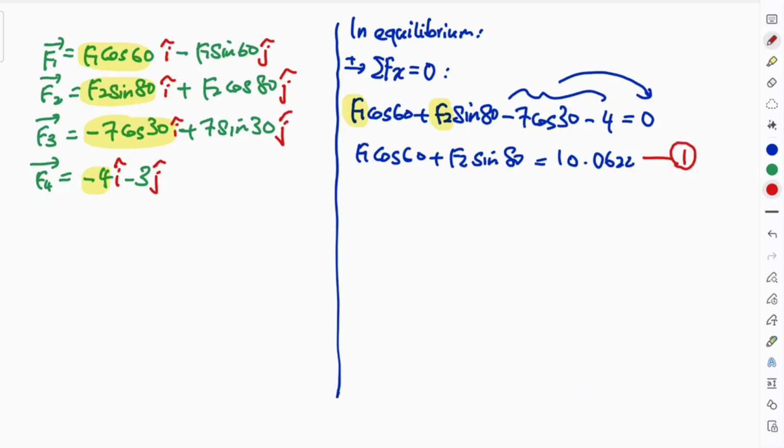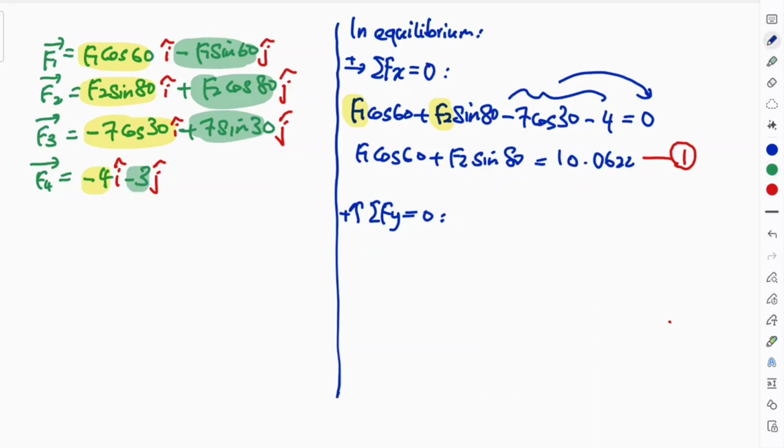Once you have started with something, you move on to the next equilibrium condition. The next equilibrium condition that we can tackle is in the y direction. Assuming the upward direction as positive, the summation of all the forces in y is equivalent to 0. This time around, you take out all the component forces in the y direction. So you have negative F1 sin 60, F2 cos 80, 7 sin 30, and also negative 3.